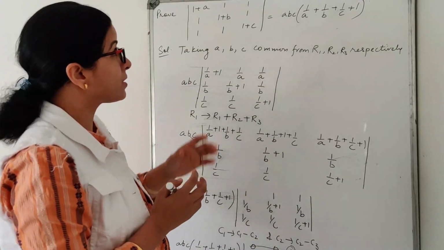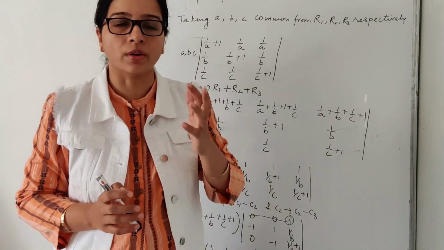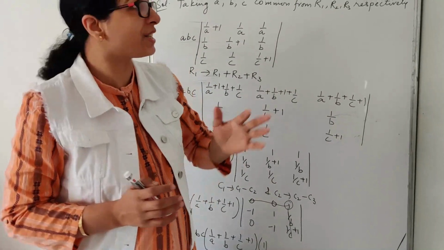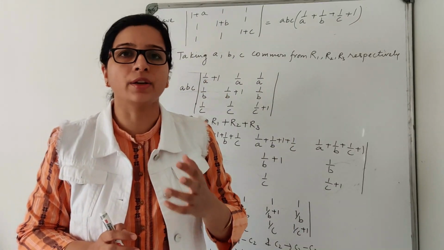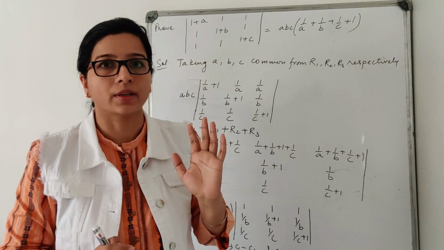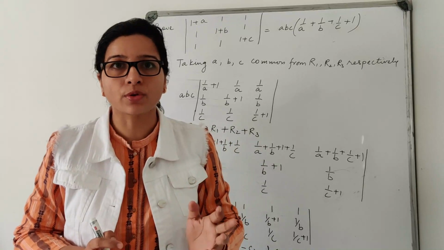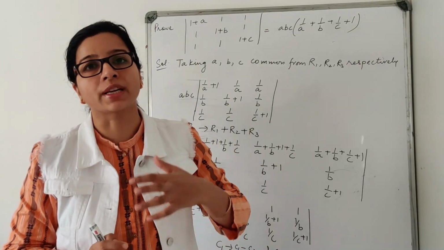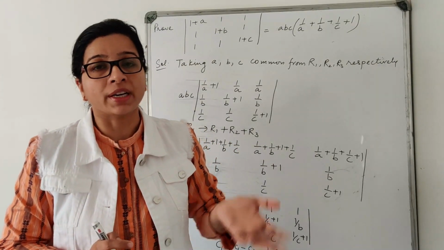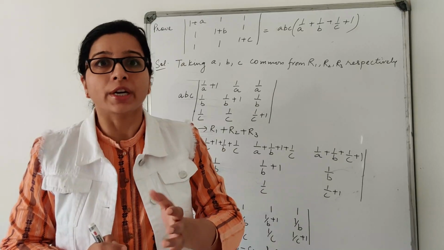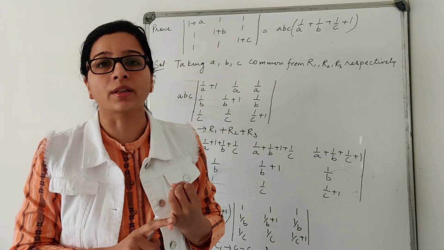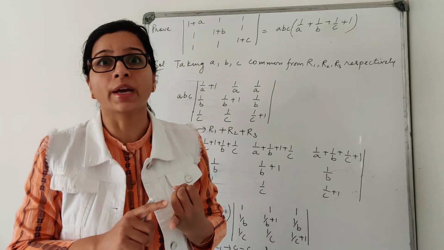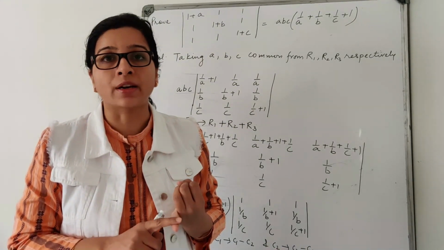So this is the way you are supposed to solve the determinant. Please check what is given on the right hand side. Accordingly you decide your steps of action. It can be the addition of the rows, the subtraction of the columns, the addition of the columns, the multiplication of an element, or taking out the element common. First check if you can take out anything common from any single row or single column.